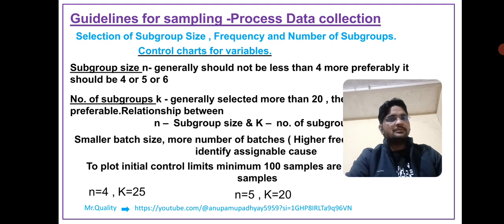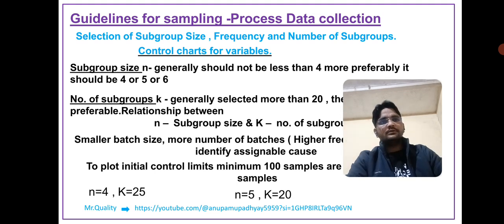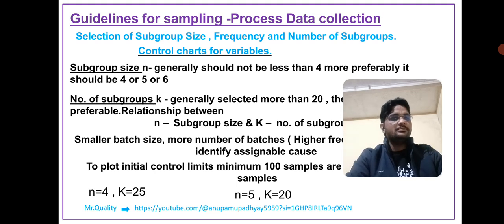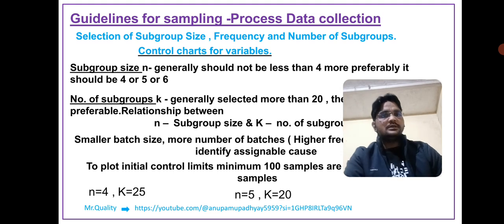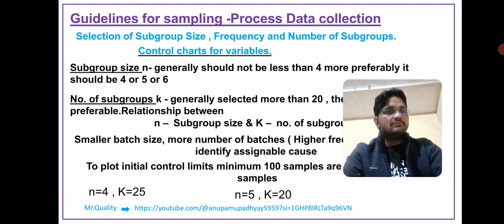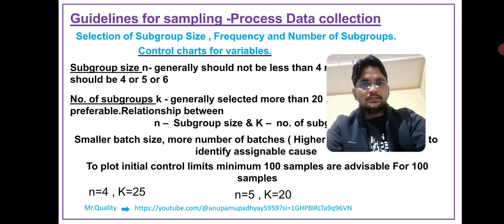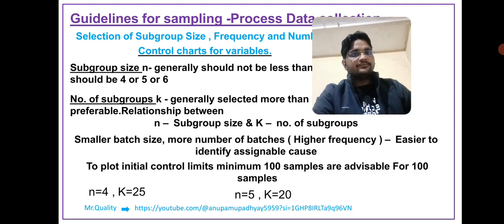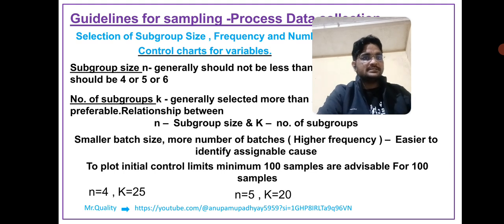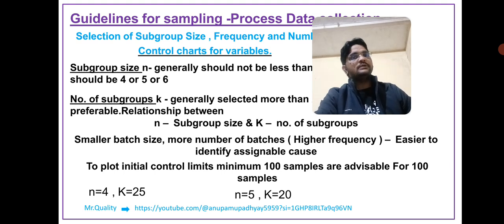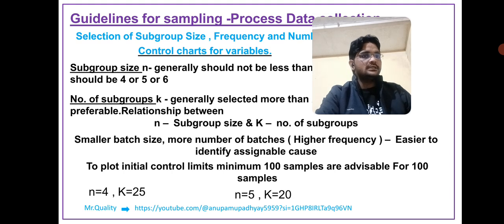Generally subgroup size should not be less than 4; 4, 5 or 6 is more preferable. Number of subgroups should generally be selected as more than 20. Consider the relationship between subgroup size and K, the number of subgroups. A small batch size with more batches means higher frequency, making it easier to identify assignable or special causes.